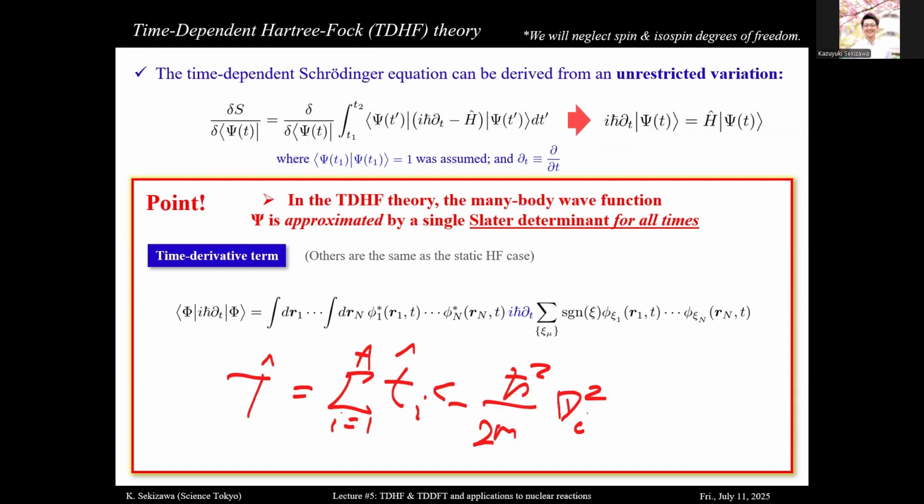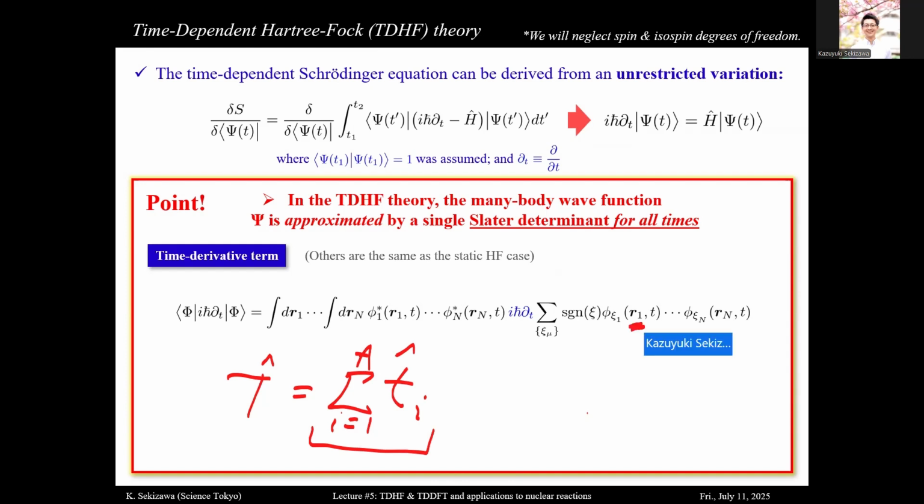But now we can skip this. The point was that this operator operates only on the ith coordinate. For instance, if i equals 1, this operates only on phi R1. Then you will have this summation.